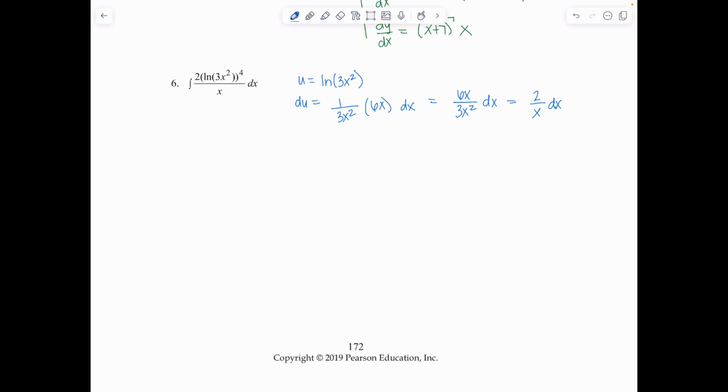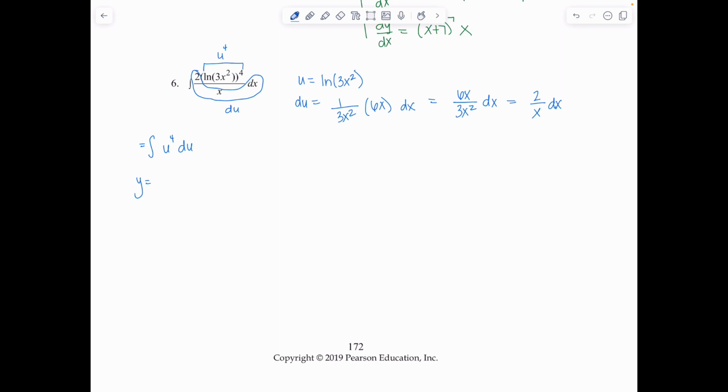Okay, so just making sure we see everything we have here. u to the fourth, and then here we have du. So that looks like we've covered it all. So this becomes the integral of u to the fourth du.